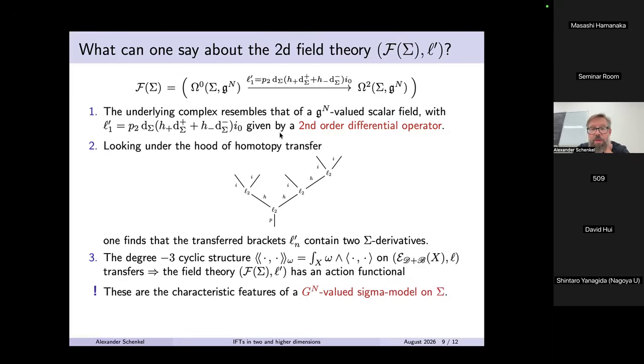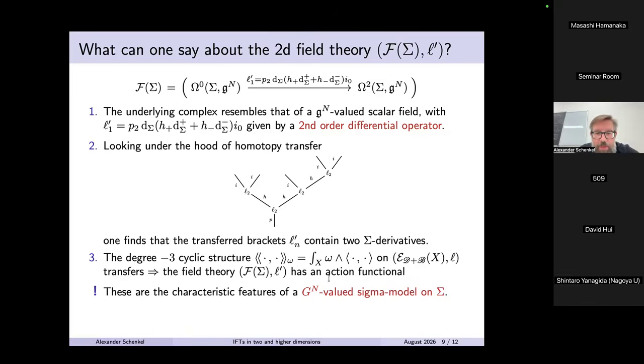So here, of course, L-infinity algebras by construction just capture the formal geometry of a field theory, so the perturbative aspects of the field theory. When you discuss a sigma model perturbatively, a G to the n valued sigma model becomes exactly, the fields are zero forms with values in the Lie algebra to the power n.